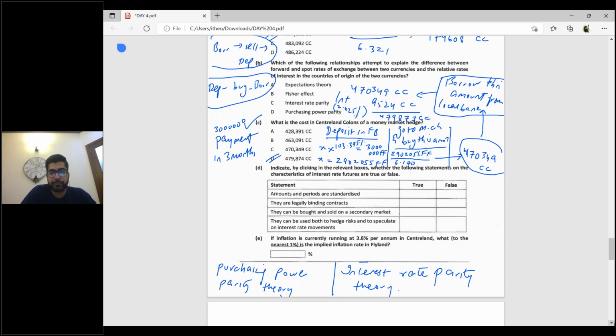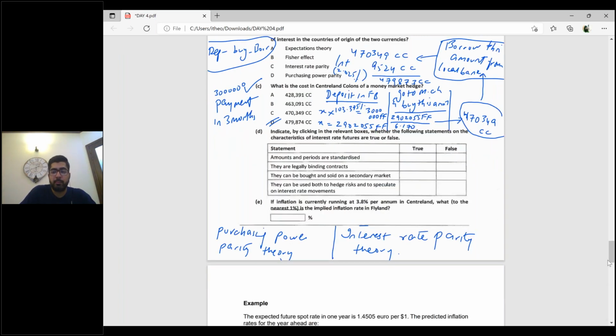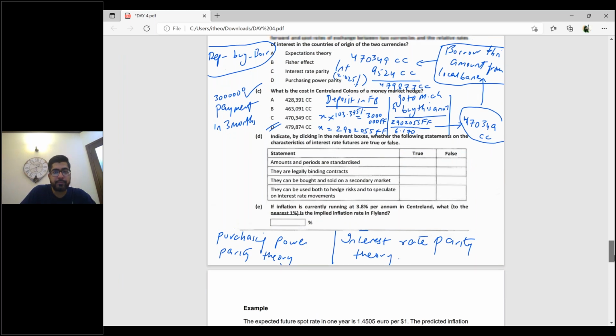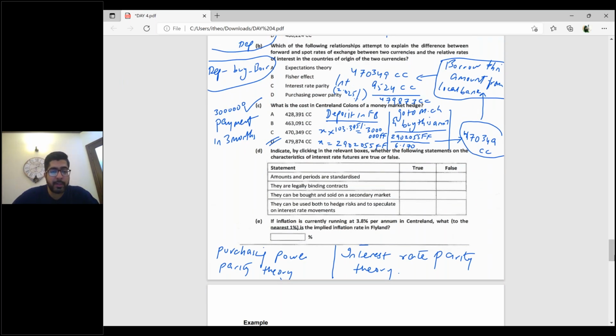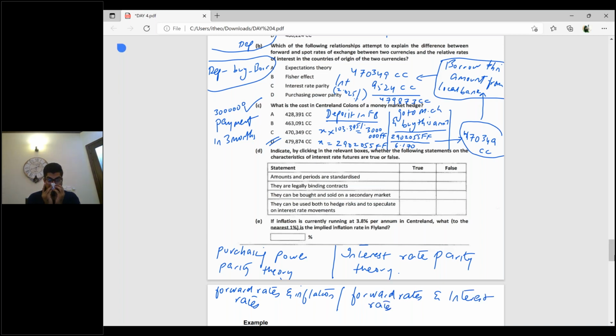Now, what is the difference? Both have almost the same formulas, okay, but purchasing power parity theory explains the relationship between forward rates and inflation rates, and interest rate parity theory explains the relationship between forward rates and interest rates.